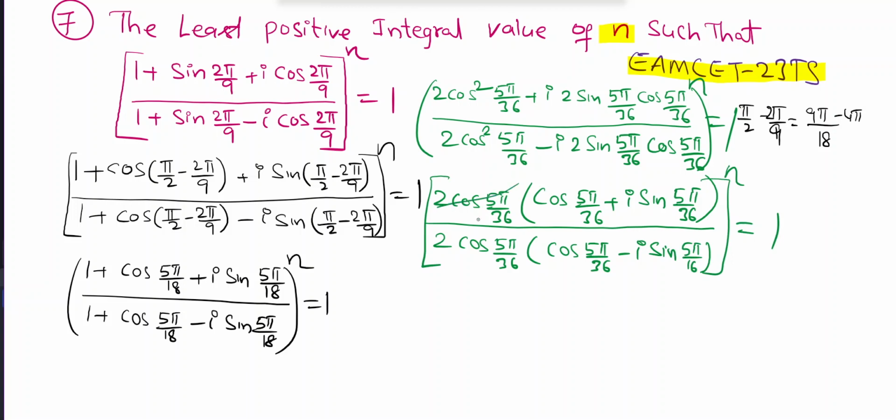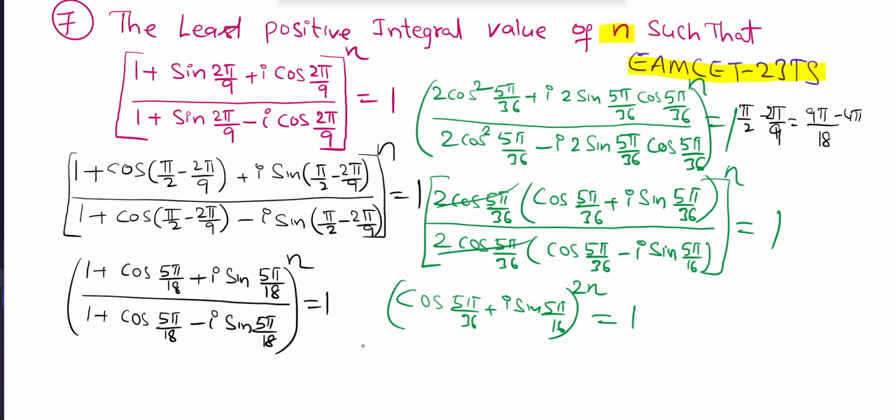Here 2 cos 5 pi by 36 cancels. We know that 1 by (cos theta minus i sin theta) is cos theta plus i sin theta. So this is (cos 5 pi by 36 plus i sin 5 pi by 36) whole square, whole to the power n, that is 2n, equal to 1.